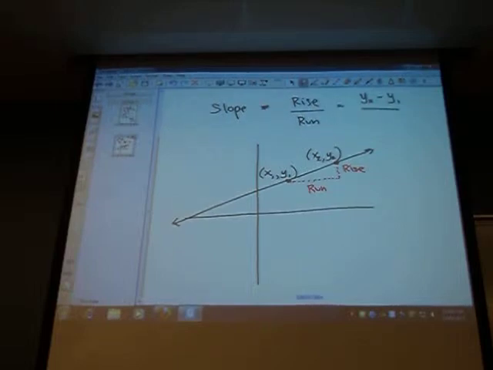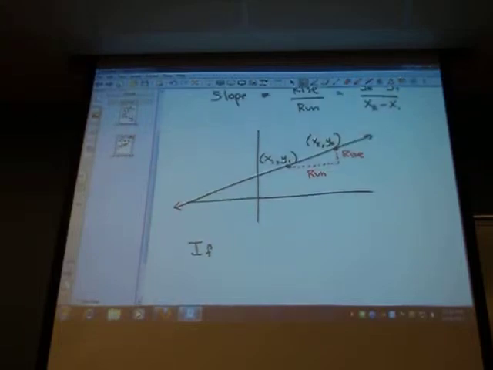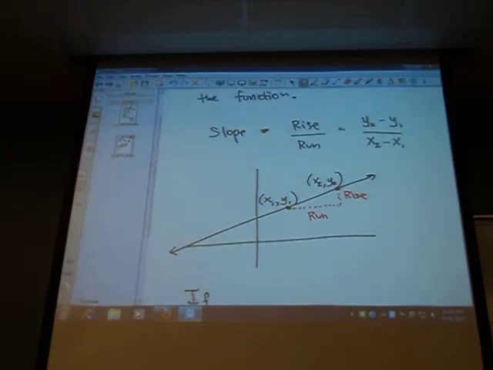And the run is equal to x2 minus x1, the difference in the x values. If your slope is positive, that ends up being a positive number. Everybody get down that formula? That's an important formula.